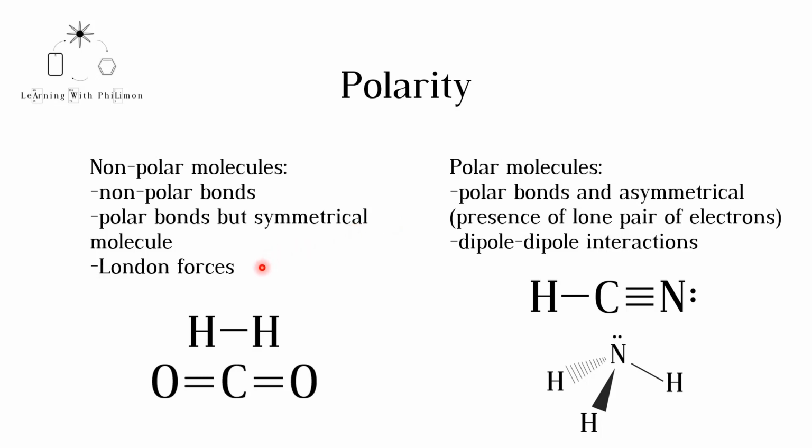Polar molecules contain polar bonds and are asymmetrical. Look out for the presence of lone pairs of electrons around the central atom, which will most likely lead to asymmetry. Polar molecules experience London forces, but also dipole-dipole interactions. They may also form hydrogen bonds. For more on this, watch the previous video.